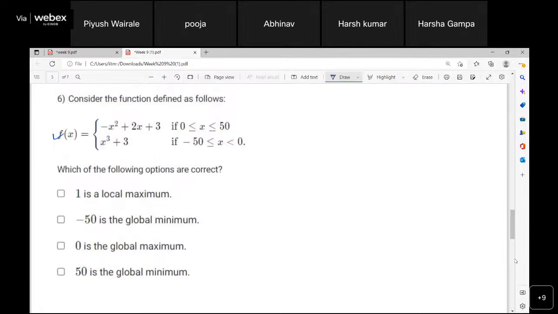So I have two functions f of x. Minus x square plus 2x plus 3, for x between 0 and 50, and x cube plus 3, for x from 0 to minus 50. Tell me, how do we find the local maxima here?